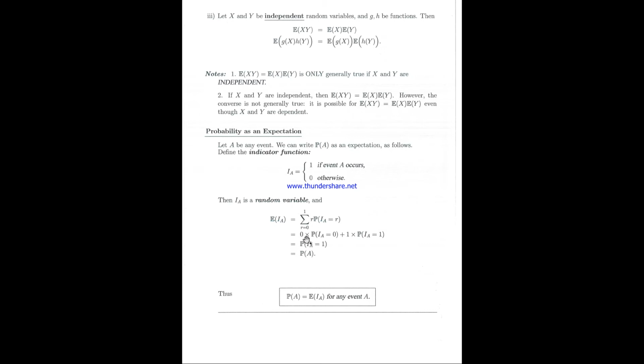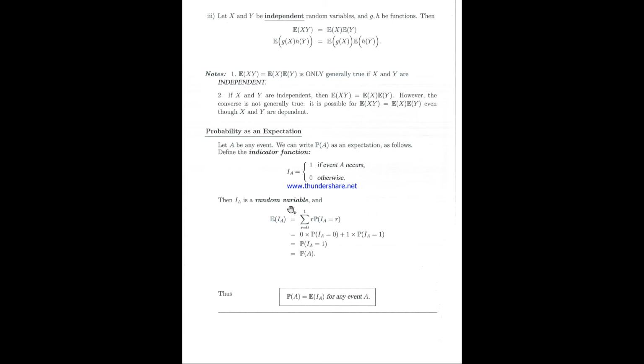So when r is equal to 0, I calculate 0 times the probability that the indicator function is 0, plus 1 times the probability that the indicator function is equal to 1. Since the first part is 0, you can omit it, so you are left with the probability where the indicator function is equal to 1. We know when the indicator function is equal to 1, the event A has happened. So in other words, we are calculating the probability of event A. So I can write it as P(A).